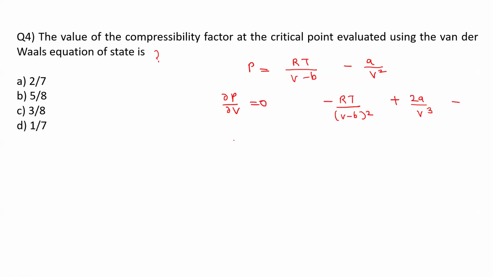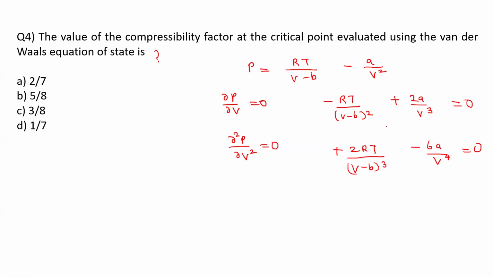Also, ∂²P/∂V² is equal to 0. That's why 2RT/(V − b)³ − 6a/V⁴ = 0.